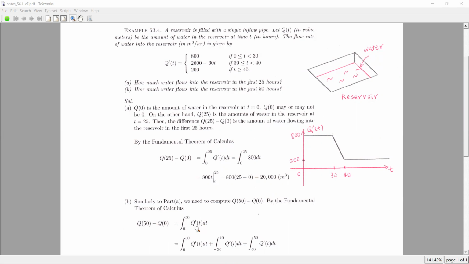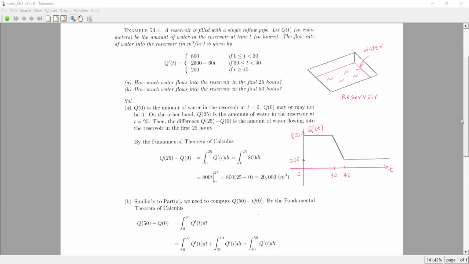To compute this integral, I split it according to the definition of this function into a sum of 3 integrals. The integral from 0 to 30 plus the integral from 30 to 40 plus the integral from 40 to 50. Now, when t is between 0 and 30, by the definition, the derivative of Q is 800.